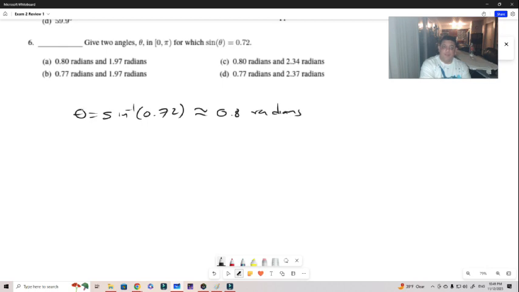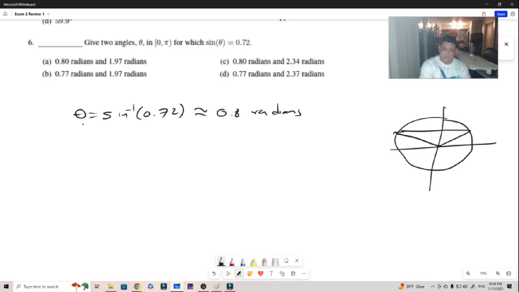So once you have the first information, you know that it's either A or C. The second thing you want to check is, where do I have my second information? Since this is a value of sine and sine is positive, it means that the first value is going to be in the first quadrant and the second value is going to be in the second quadrant.